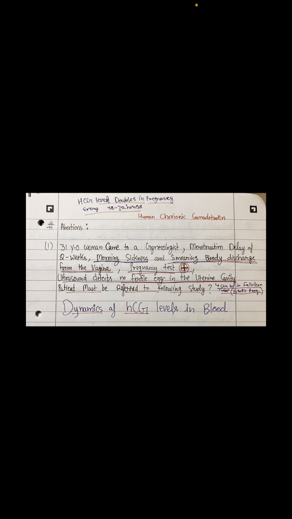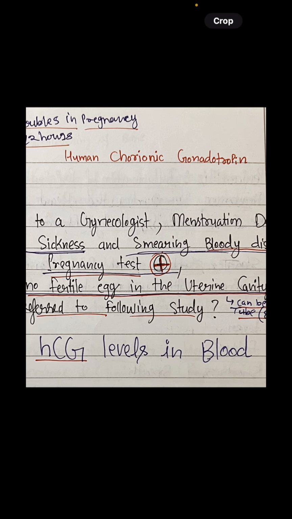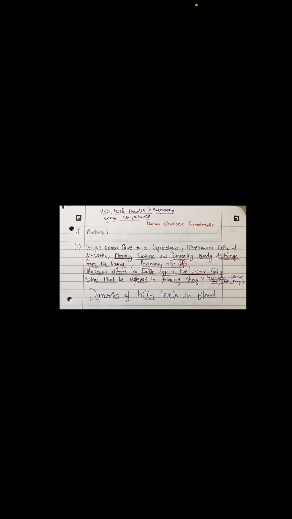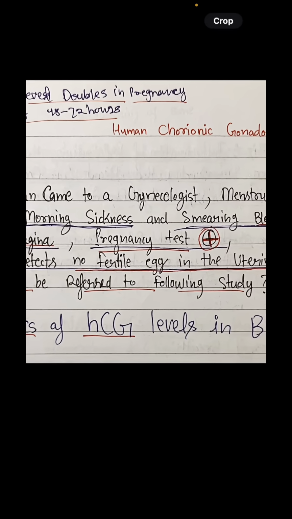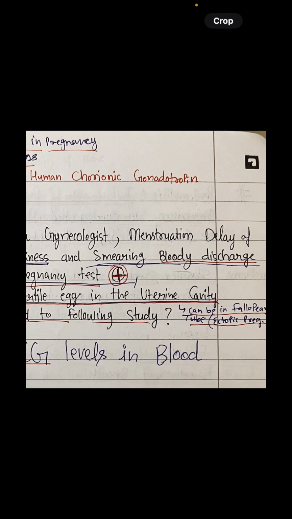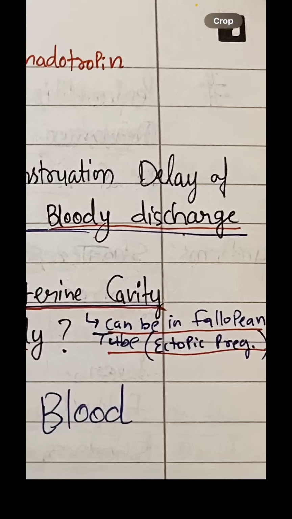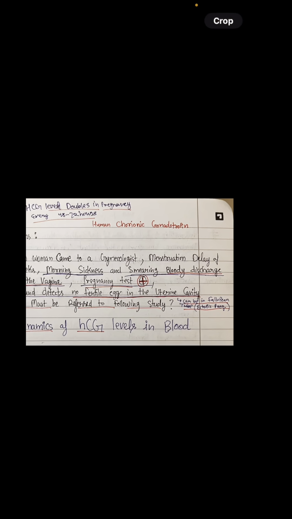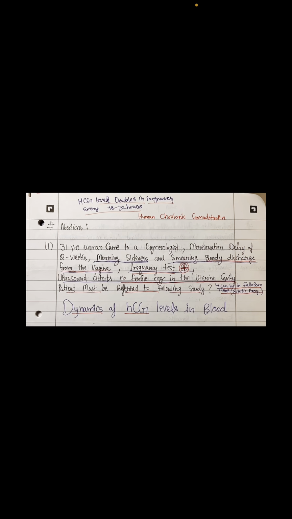Ultrasound findings say that there is no fertile egg in the uterine cavity. So if the pregnancy test is positive, and the fertile egg is not in the uterine cavity, where is it? It can be in the fallopian tube. It can be a case of ectopic pregnancy. So what we are going to do is the dynamics of HCG level in the blood.